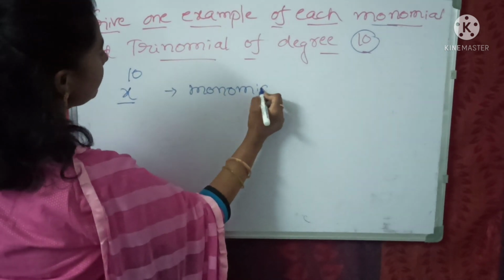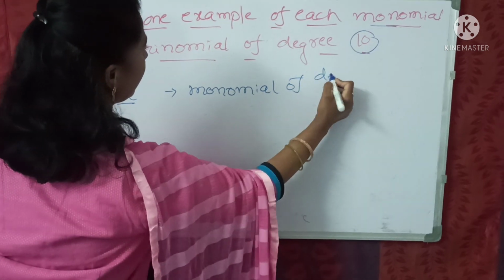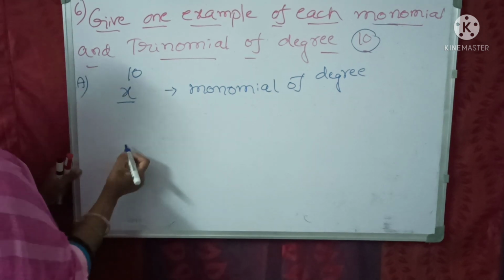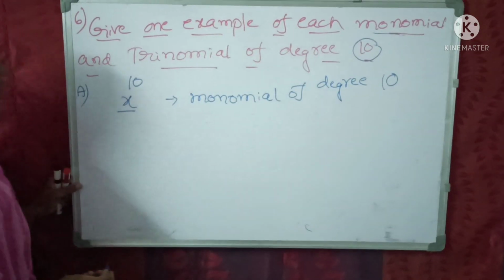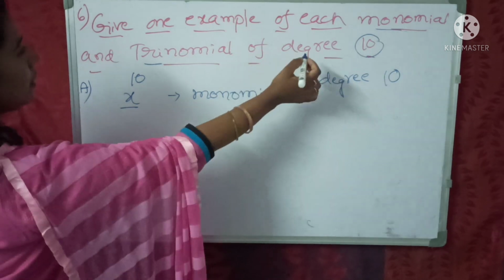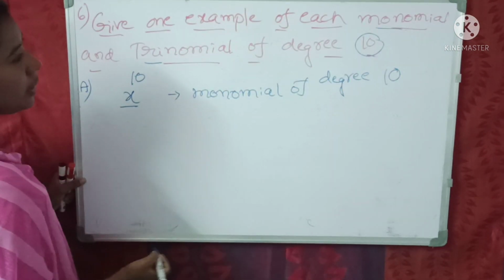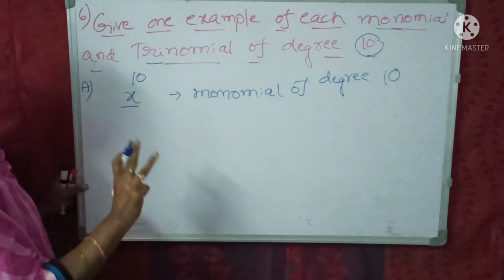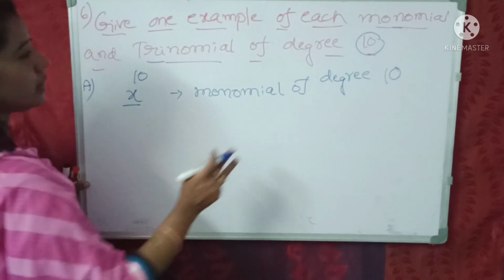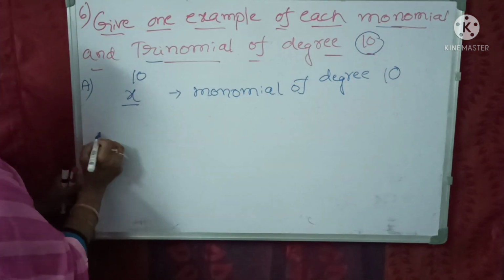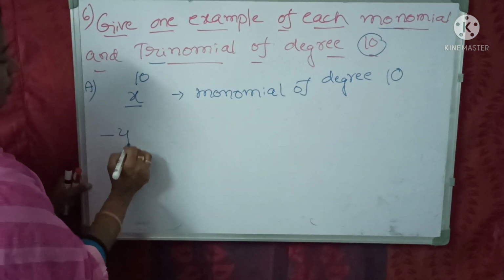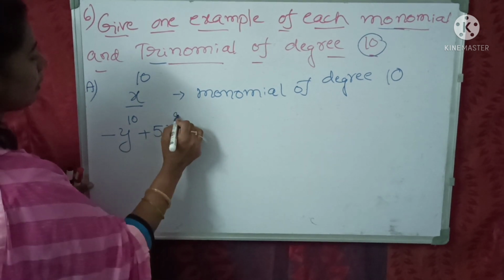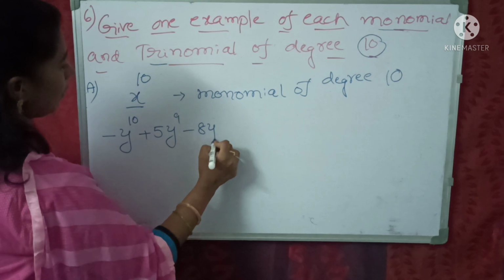Monomial means we can choose only one term. Okay, and the next one is a trinomial of degree 10. Trinomial means we can choose only three terms, and the degree is 10. So that is minus y to the power of 10 plus 5y to the power of 9 minus 8y.